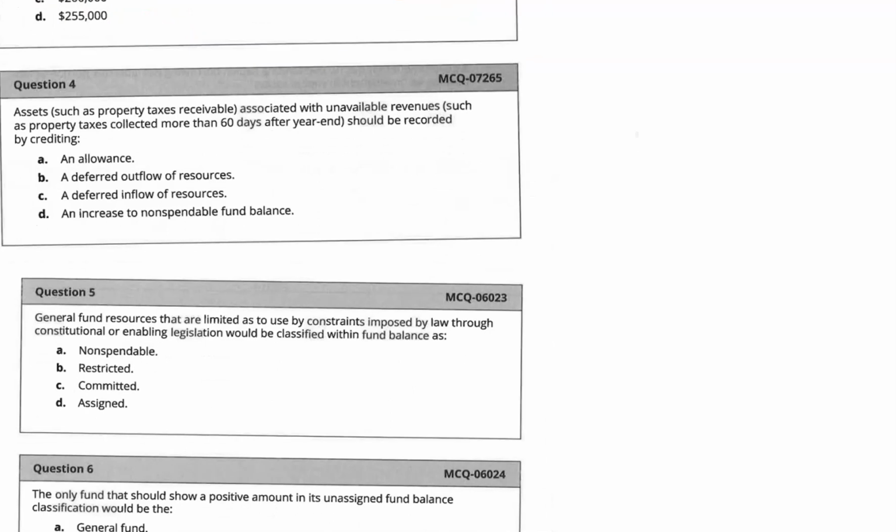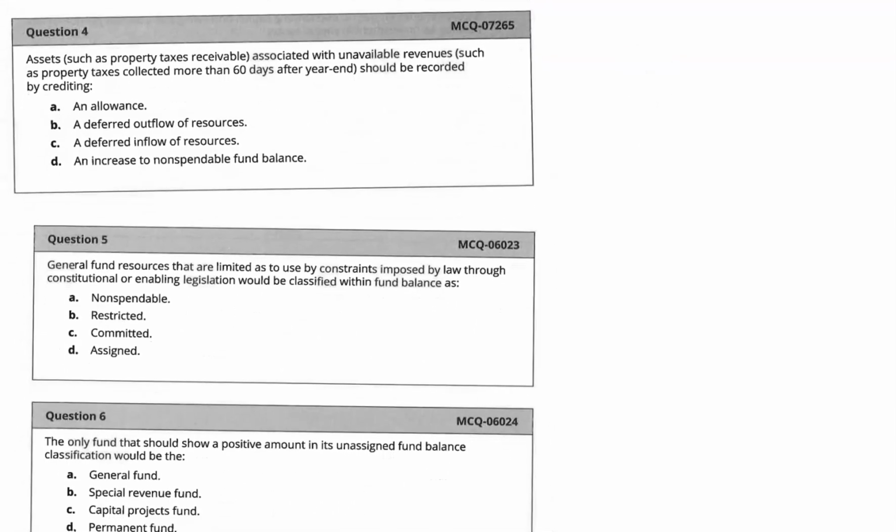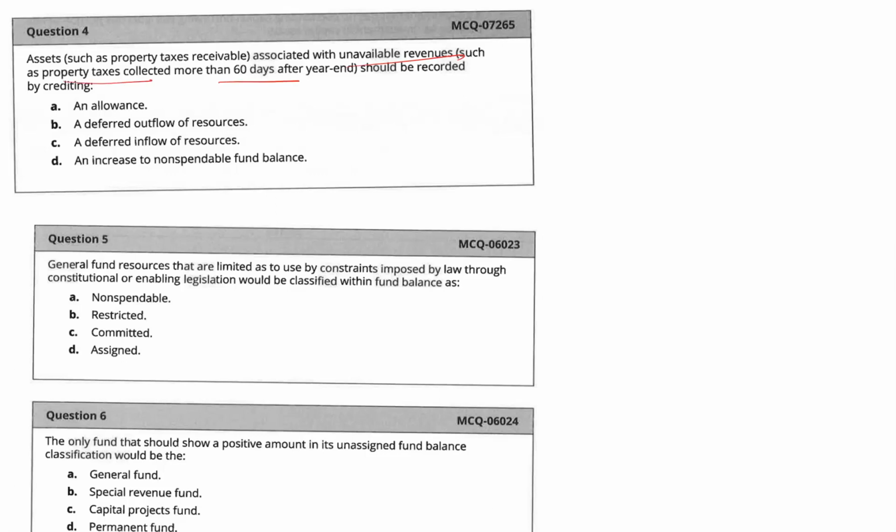Assets such as property tax receivables associated with unavailable revenues, property tax collected more than 60 days after the year end, should be recorded as what? So, we follow the current resource focus approach for the general fund and all governmental funds, and we record as revenue the portion which you can collect in the current year or immediately after the current year. For the tax example, you have seen the portion of the tax that you will collect within 60 days after the fiscal year ends.